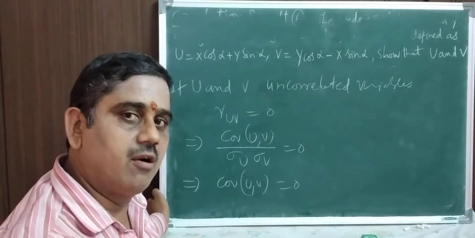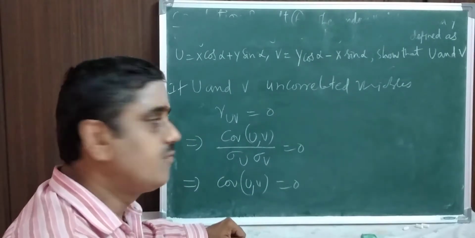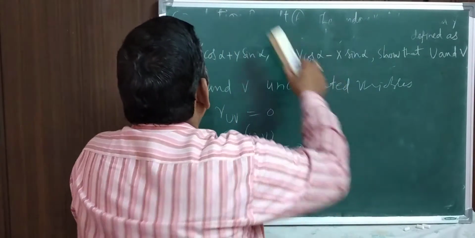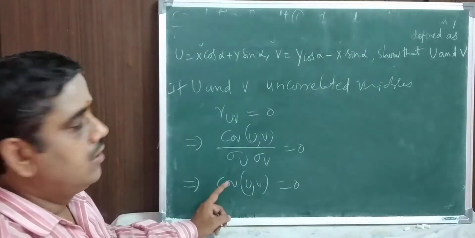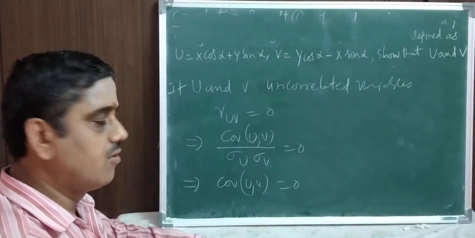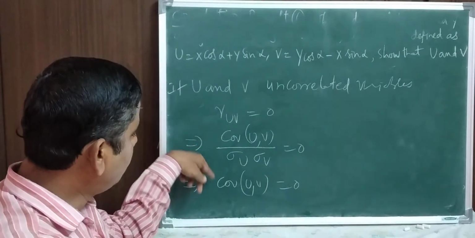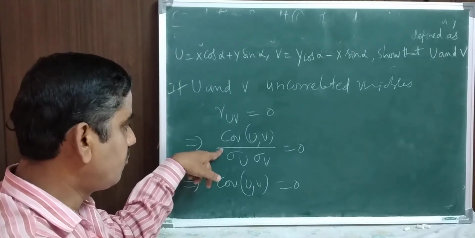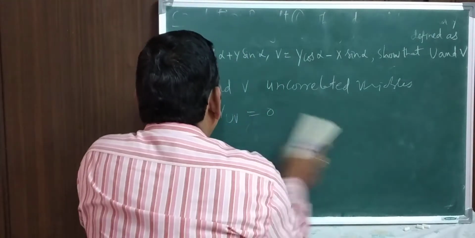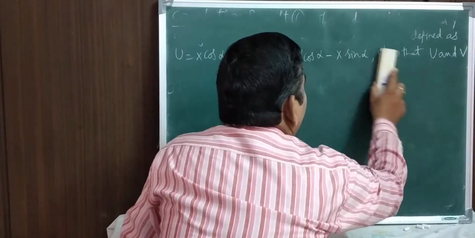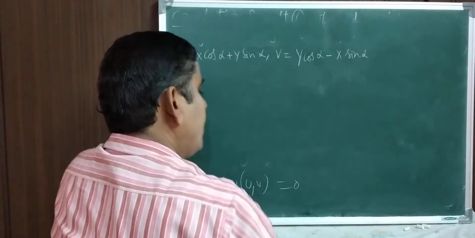Now we have to calculate the covariance of u and v. The u and v values are here. Do you understand this? I consider covariance of u, v is 0, and then I substitute the values of u and v, calculate covariance of u, v and equate it to 0.